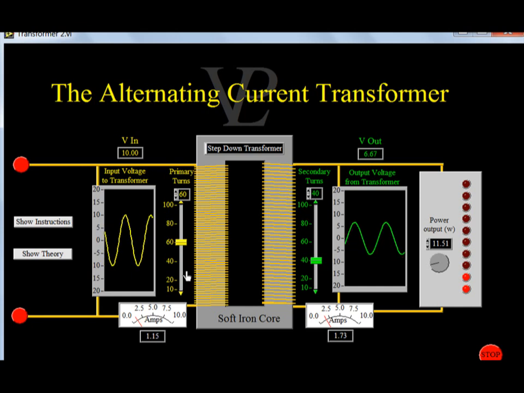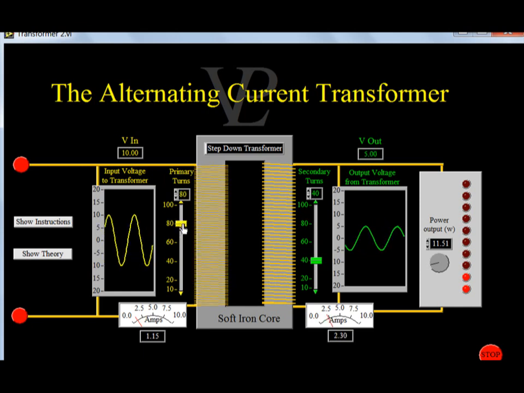So let's just do a virtual experiment and see what happens when we increase the input voltage. Currently failing to increase the input voltage. But let's see what happens when we increase the number of turns to 100.